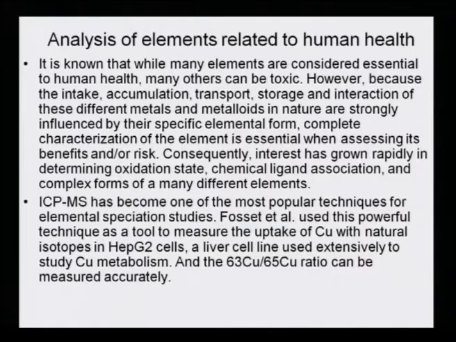So, you now see that isotopic ratios can be found out and also certain very precise copper isotopes in liver cells can be analyzed with high accuracy by this method of ICP-MS.